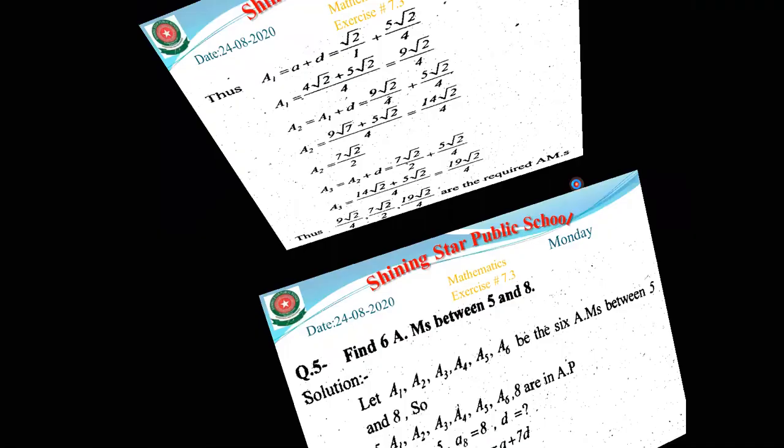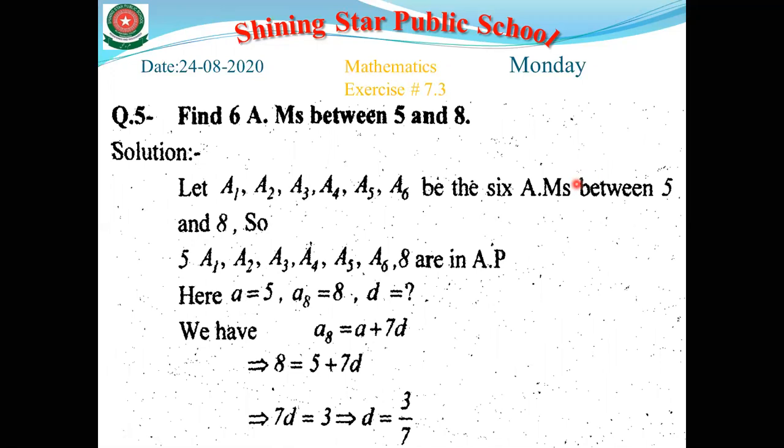Okay. Now question number 5. Find 6 AMs between 5 and 8. So for the solution, we have to find the 6 AMs between 5 and 8. It's very simple.